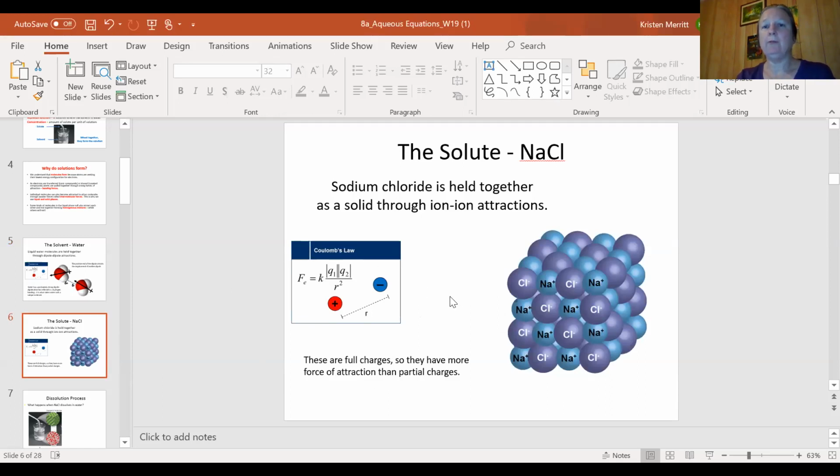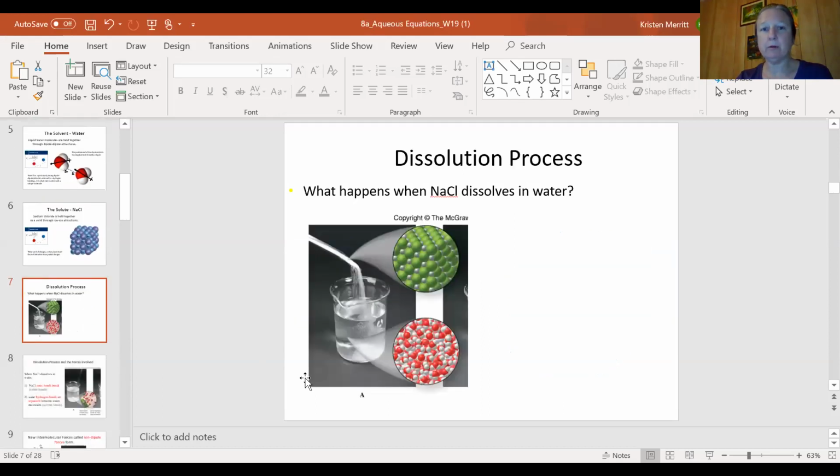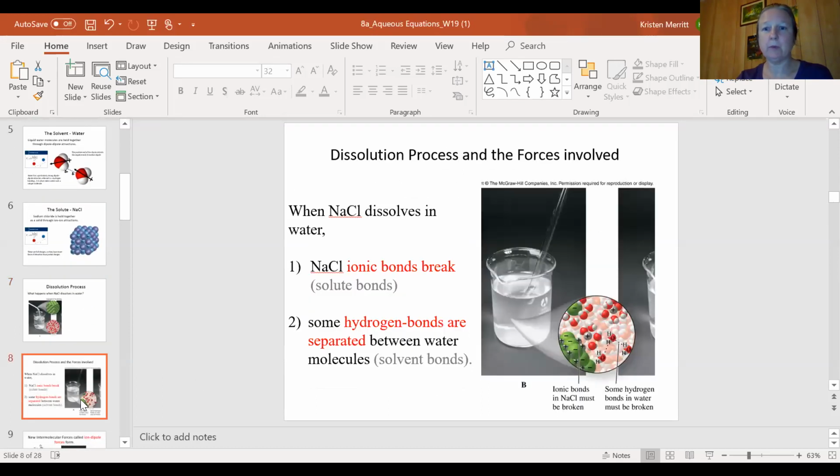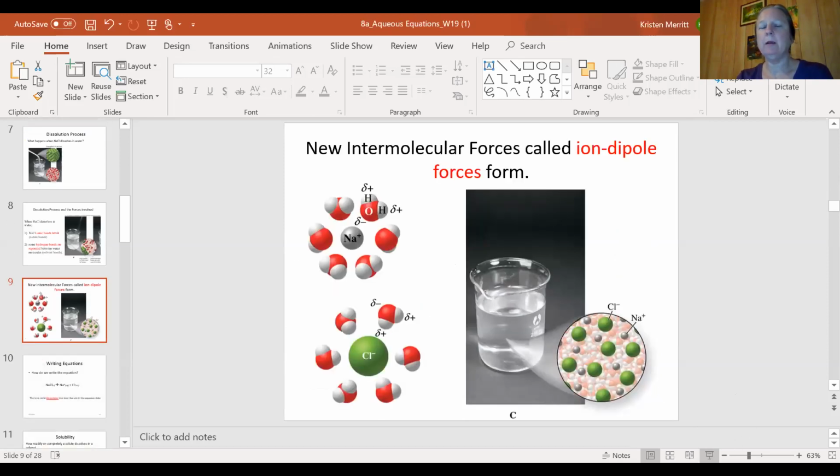So, remember, ions exist in complexes, in crystals. So the water, is there a picture of it here? No. All right, here we go.